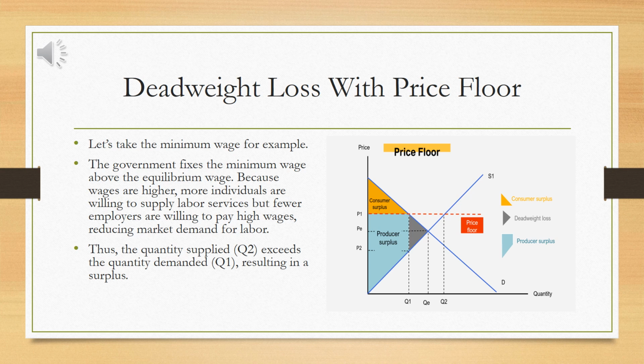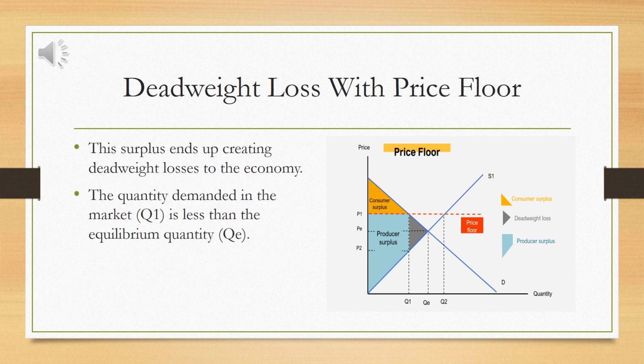Because wages are higher, more individuals are willing to supply labor services, but fewer employers are willing to pay high wages, reducing therefore the market demand for labor. Thus, the quantity supplied exceeds the quantity demanded, resulting in a surplus. This surplus ends up creating deadweight losses to the economy.